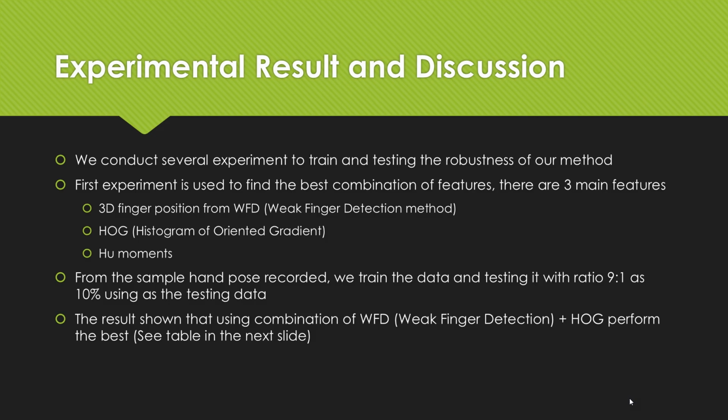From the sample hand pose record, we train the data and test it with a ratio of 9:1, with 10% as testing data. The results show that the combination of the finger position and HOG performs the best.